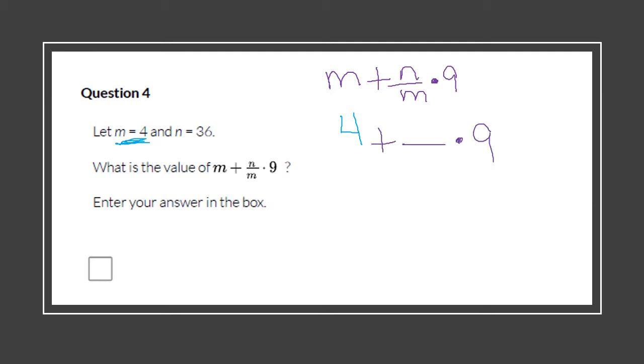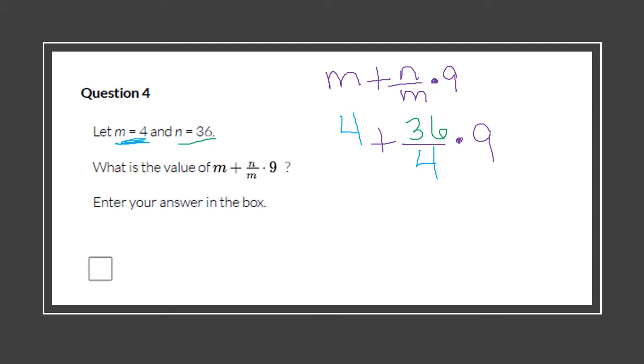The 9 stays, okay, and that m is 4. And then n is 36. The only place I see an n is right there. So now I've got everything plugged in.